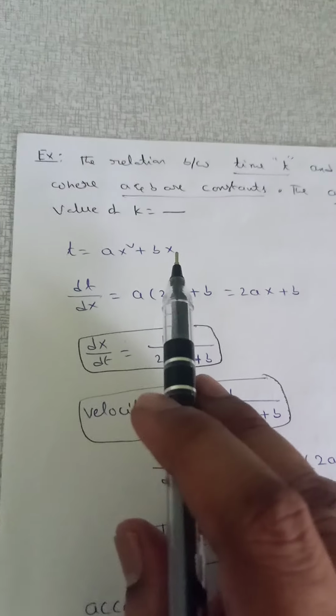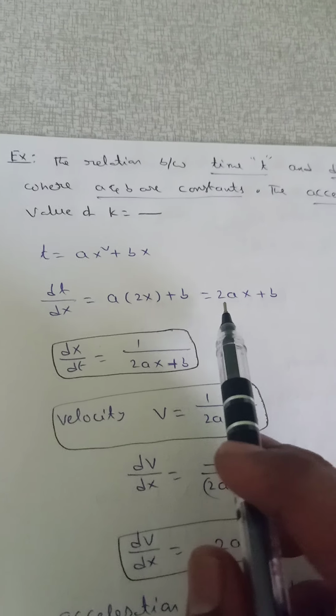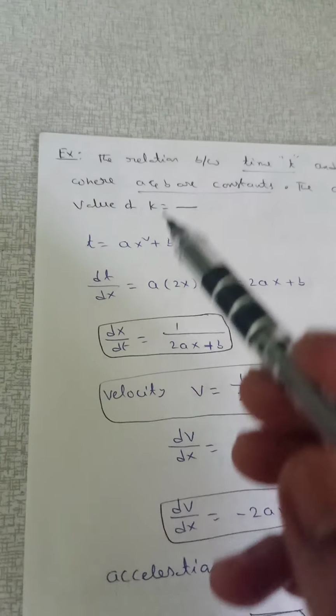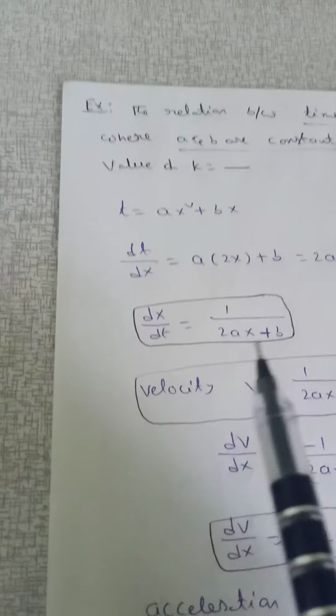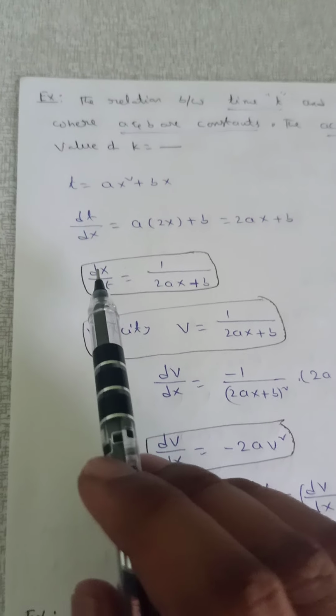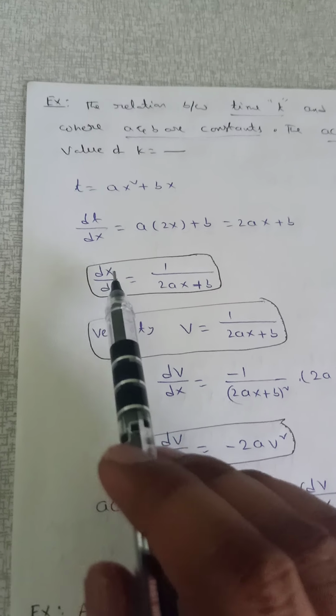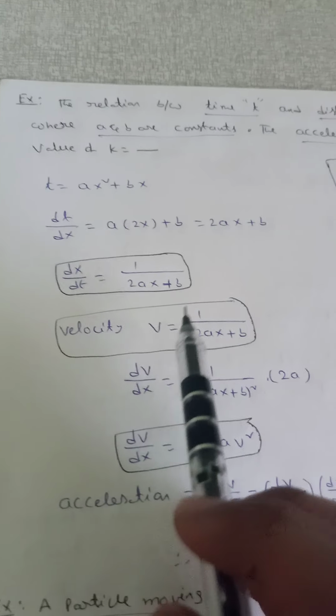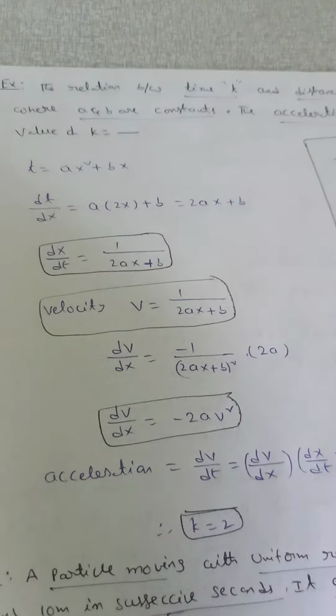That means b into 1, which is b. So dt by dx is 2ax plus b. Inverting the fraction, dx by dt equals 1 by 2ax plus b. But the rate of change of position or displacement is called velocity, so v equals 1 by 2ax plus b.